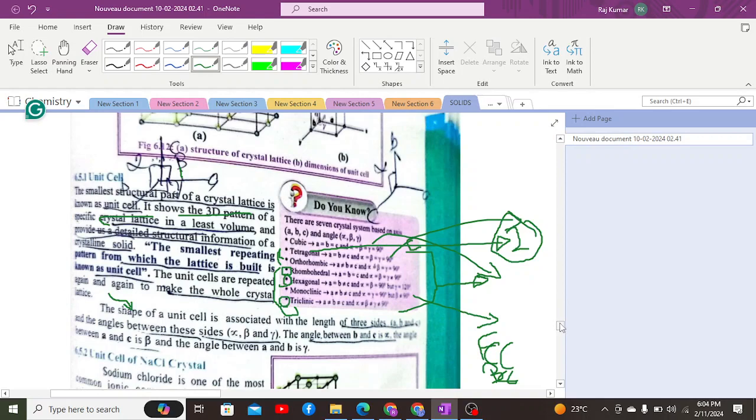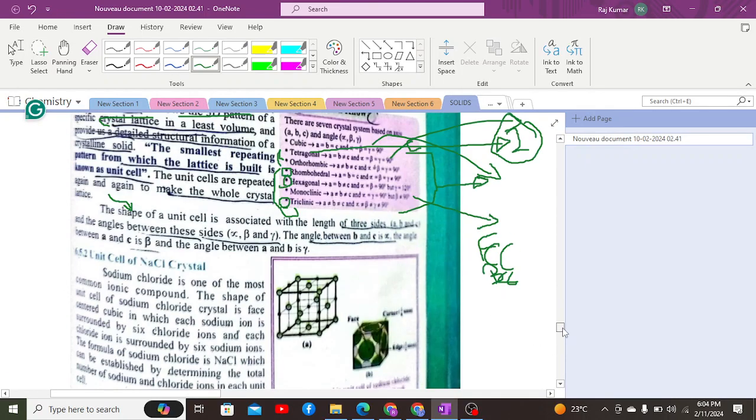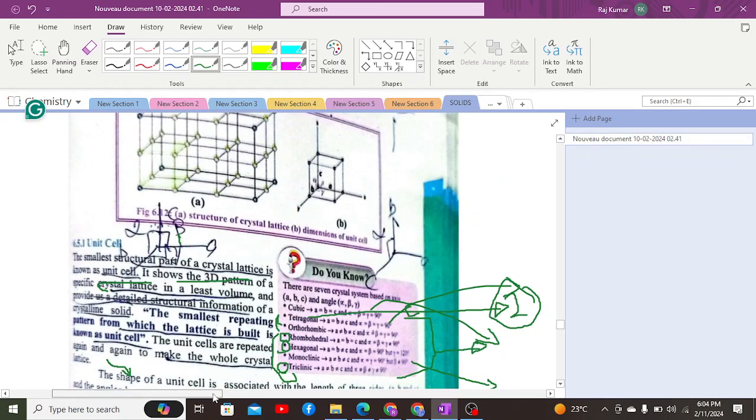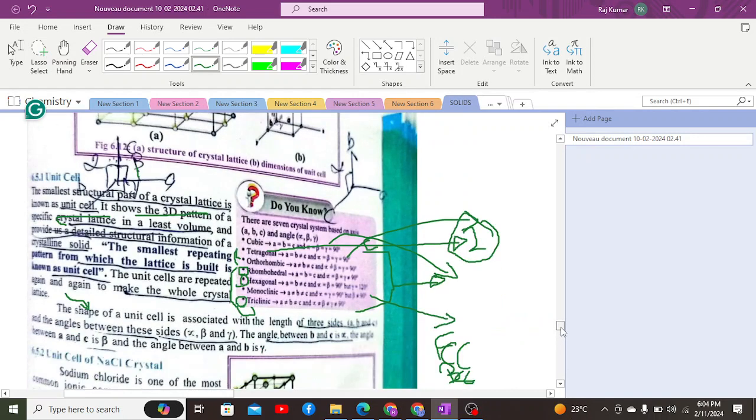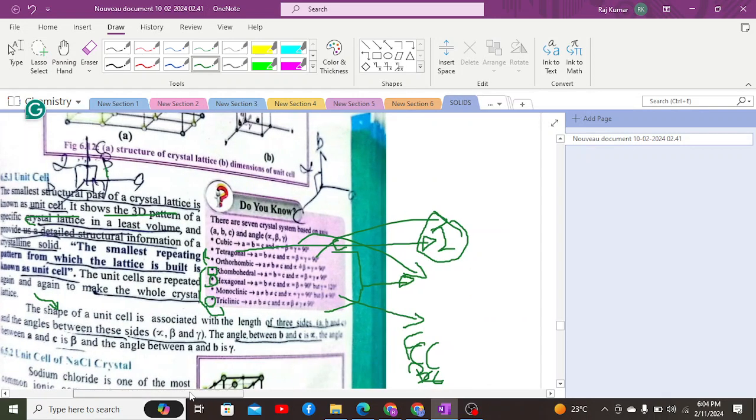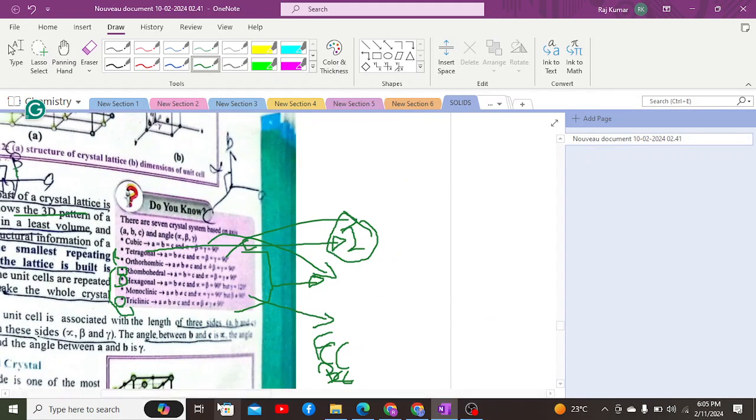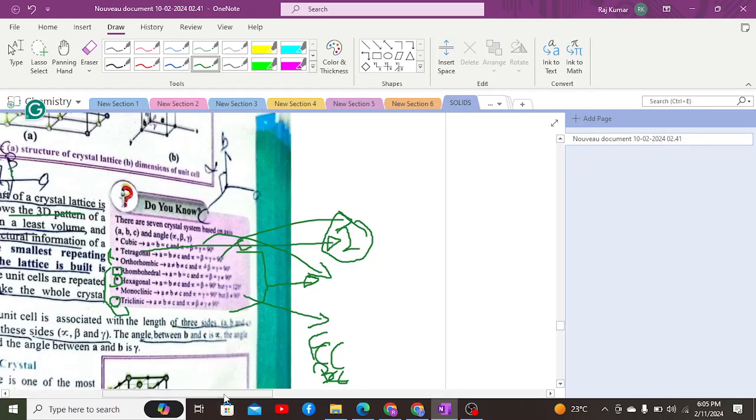Now, when it comes to their angles, the angles are arranged in such a manner that we can also use some mnemonics in order to learn these. In the next video, we are going to have a separate mnemonic class in which we are going to discuss how to get some sort of trick or strategy with which we can memorize these crystal lattices.